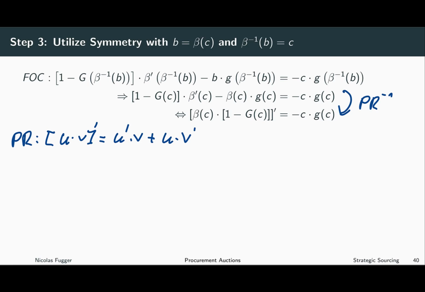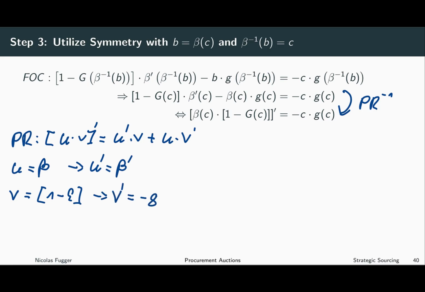And what we have here is that u is equal to beta, meaning u prime is equal to beta prime, and v is equal to 1 minus g, which implies that v prime is equal to minus g.